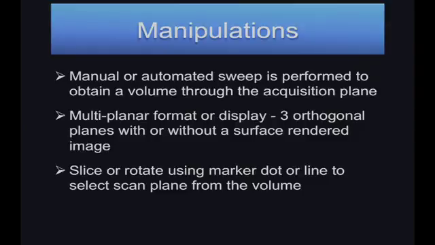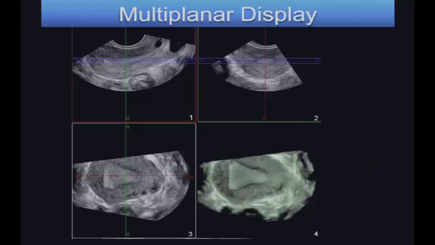And this surface-rendered image is a thicker slice through the volume with depth perception that is improved by different computer-generated shading and lighting effects. And then, of course, we'll slice or rotate using a marker dot or line to select the scan plane from the volume. So here we have an example of the multiplanar display.